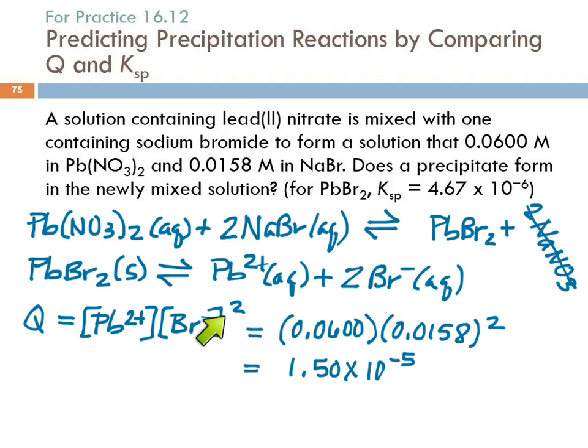Q is telling me that these concentrations must be higher than they are at equilibrium. So is it going to precipitate? Yes, it will precipitate. You mix those two solutions, you will get a precipitate. Any questions?